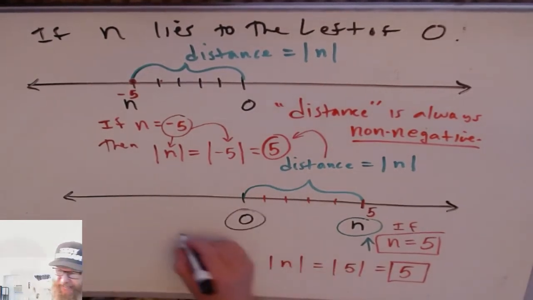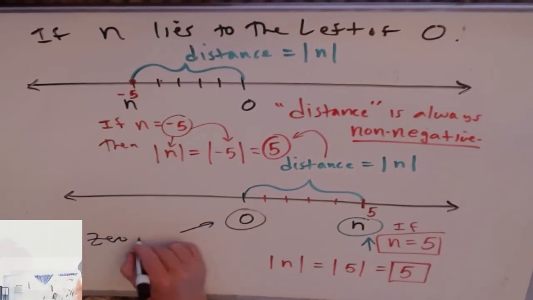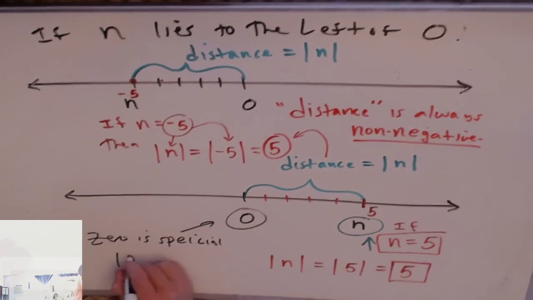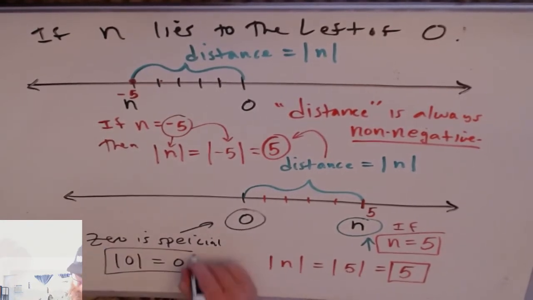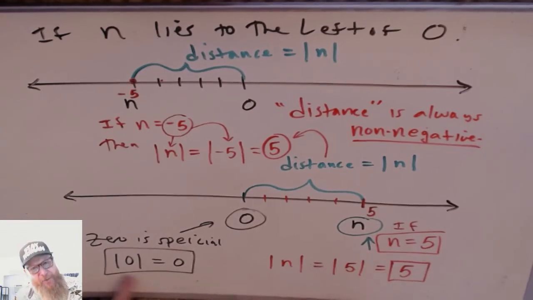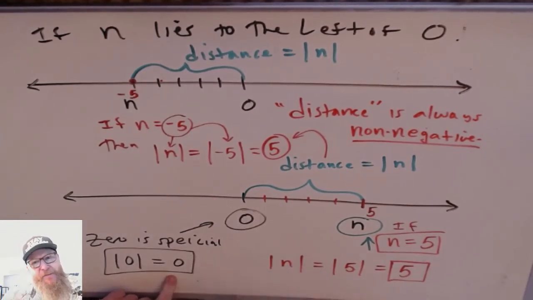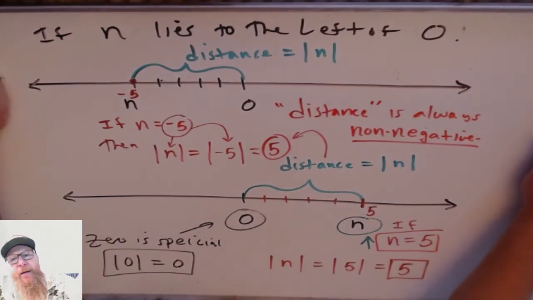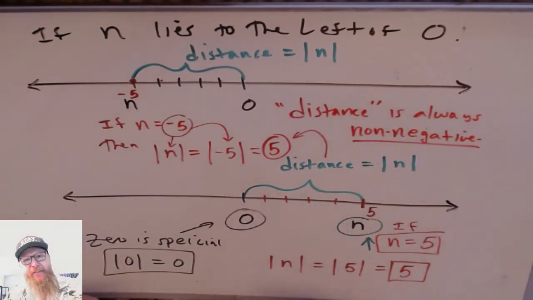Zero is a special case. It's the only number that is its own opposite, and it's also its own absolute value. The absolute value of 0 is 0. Okay, so that is the idea of absolute value.